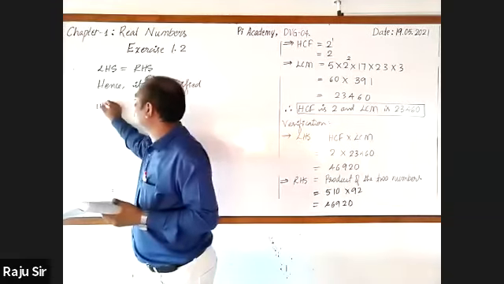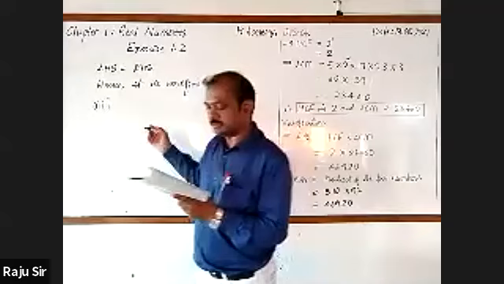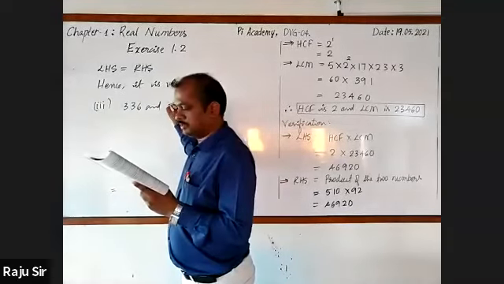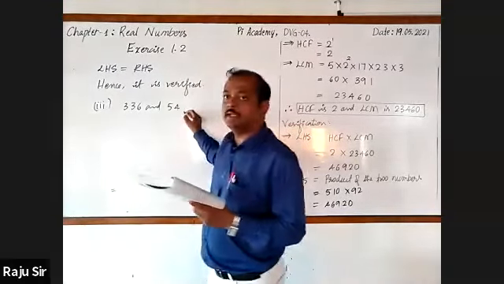Next, it is the third one. Third one, actually it is solved in yesterday's class only, in worked examples. That is 336 and 54. You may write, it is solved.